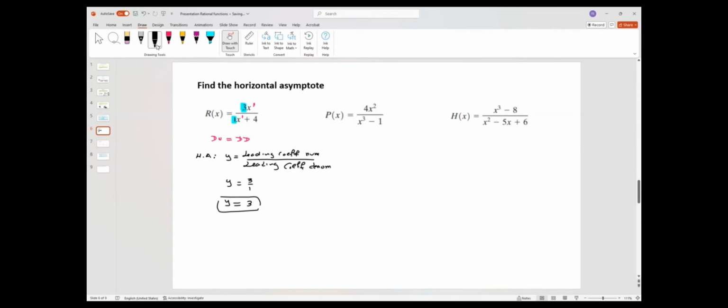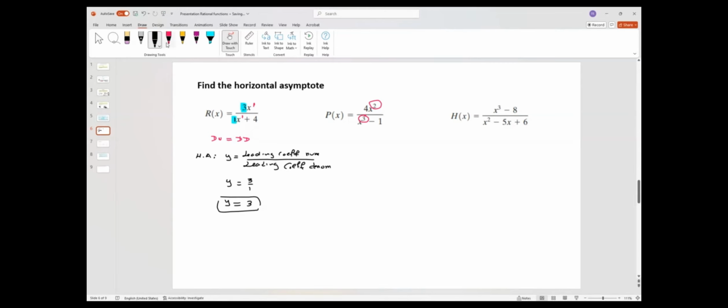Let's see now the next function. p of x is equal to 4x squared over x to the third minus 1. So as you can see, the numerator has degree 2, and the denominator has degree 3.